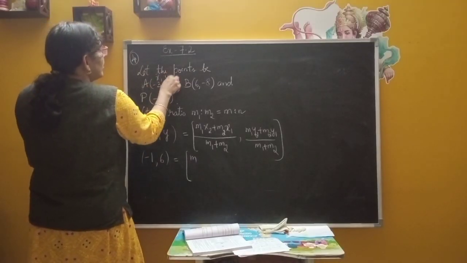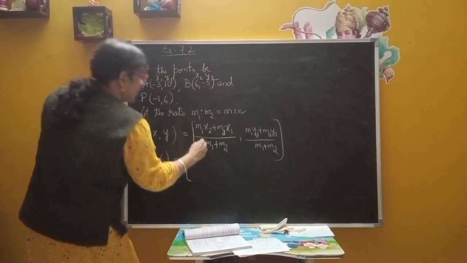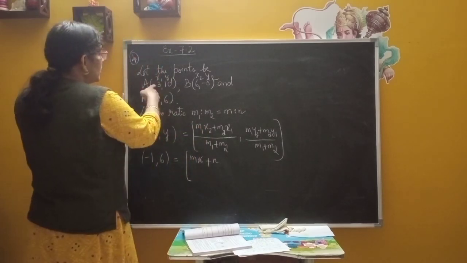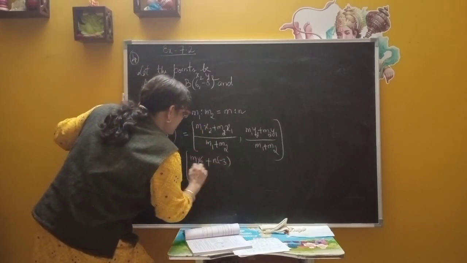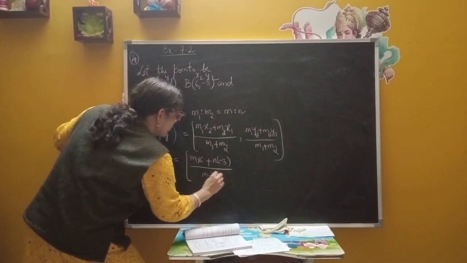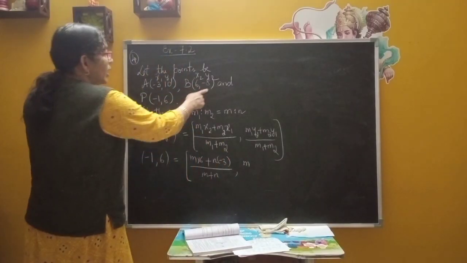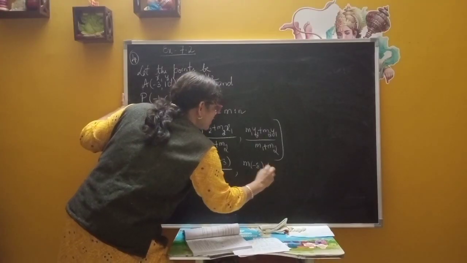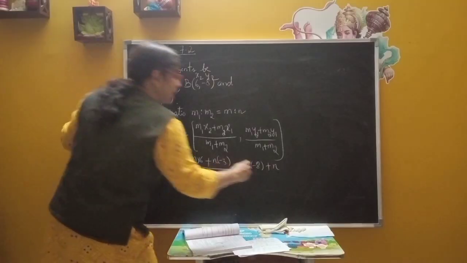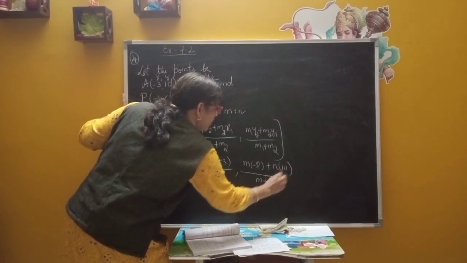Here x1, y1 and this is x2, y2. So m into x2, that is 6, plus n into x1, minus 3, divided by m plus n, and the y coordinate is m into y2, minus 8, plus n into y1, 10, divided by m plus n.